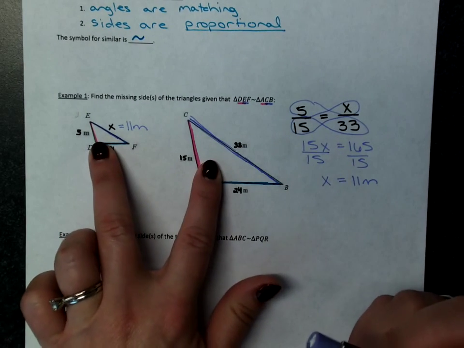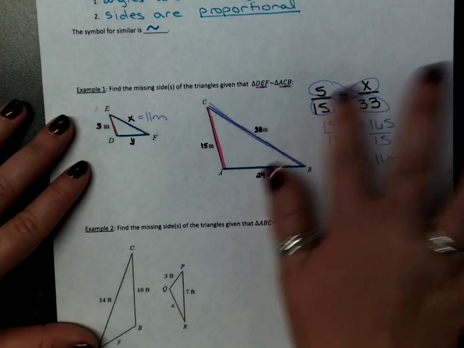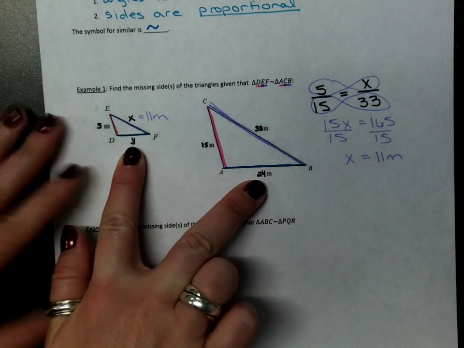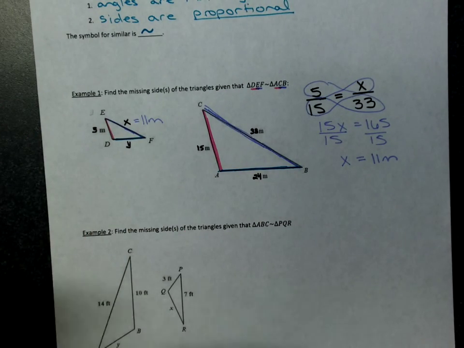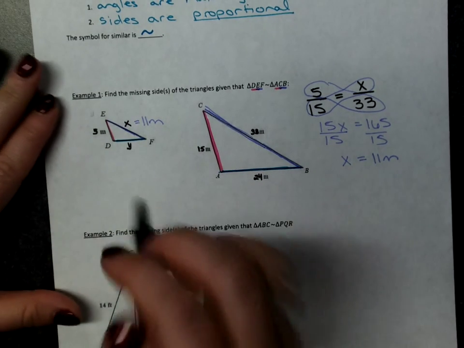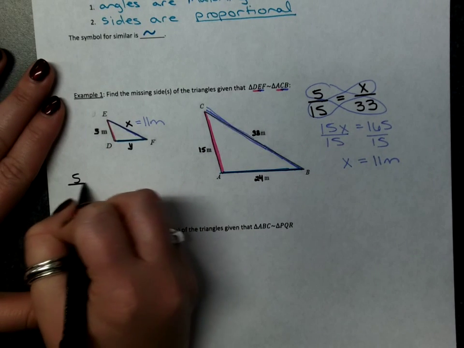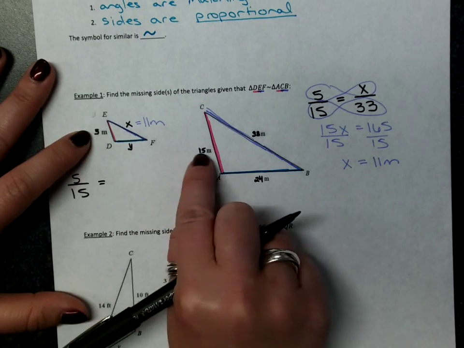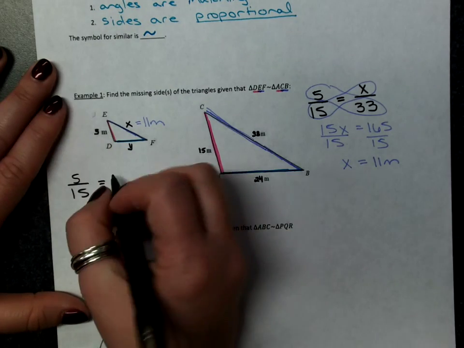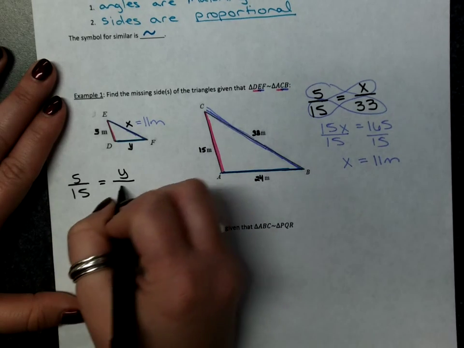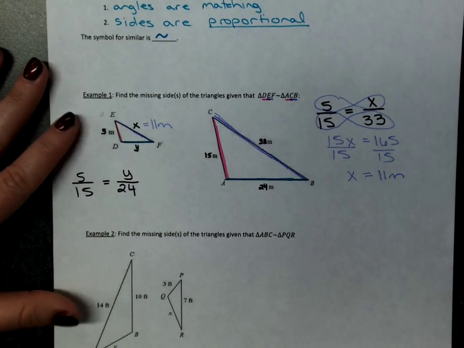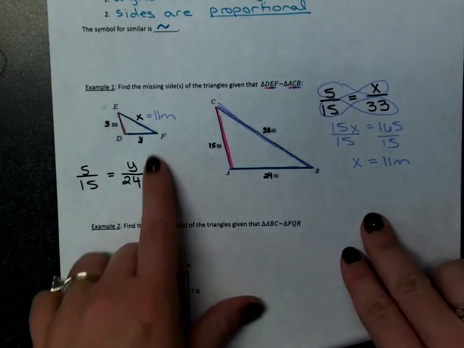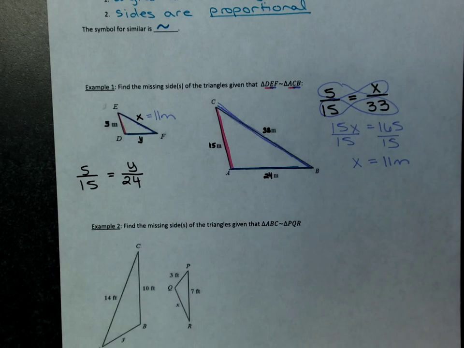So I just figured out that the small side here is 11 meters because they're proportional to the pink side. I can do a very similar setup to find side Y, again using the side that they give us, 5 and 15. So 5 is to 15 as, and since I went left to right, I have to go left to right, Y is to 24. Now I'm going to solve for the bottom side, the blue side.